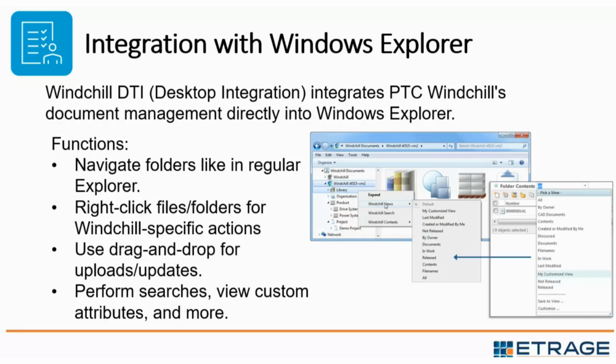So your Windchill products, your Windchill libraries, and project data, allowing you to navigate folders like in your regular Windows Explorer view, be able to right-click on files that are in this environment and see the Windchill-related context menus, and also be able to upload data in this environment using things like your normal drag and drop.